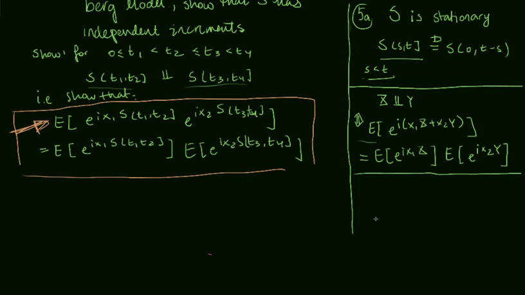Essentially, what we showed in 5a was that for any time points s and t, where s is strictly smaller than t, the characteristic function of the increment in total claim amount is given by the following expression.